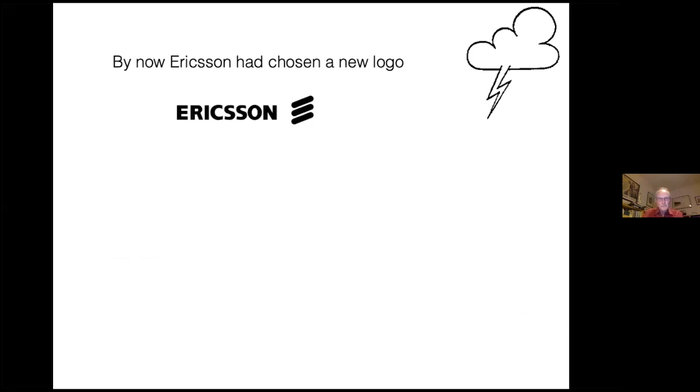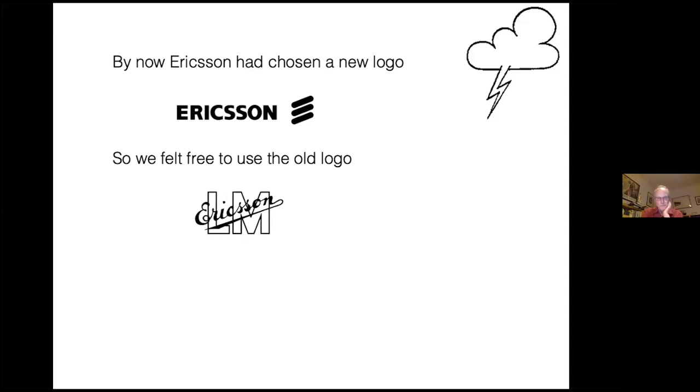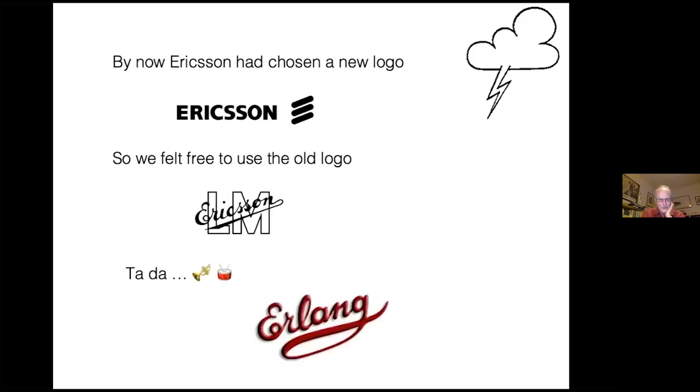And also, I think it was in 1984 that Ericsson decided to modernize their visual image and created a new logo, which meant that the old logo was free for reuse, which we did. Ta-da! So if you wonder where the squiggly Erlang logo came from, it was a very faithful copying of this Ericsson logo.